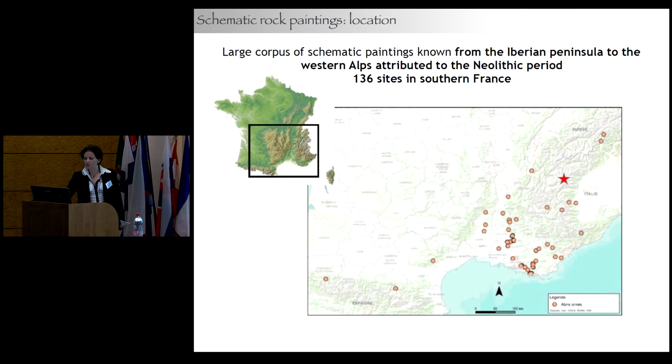This corpus presents 1,036 sites, and obviously it's difficult to study all of these sites. Only one archaeologist tried to understand this corpus of schematic painting, Claudia Defrance, and she helps us to study with an integrative approach to know more about these schematic paintings.